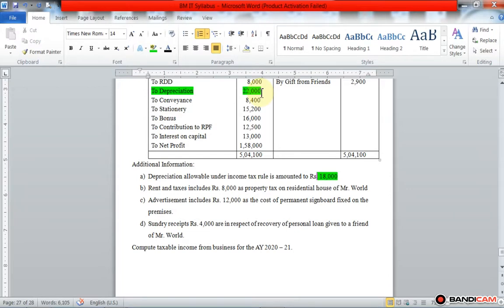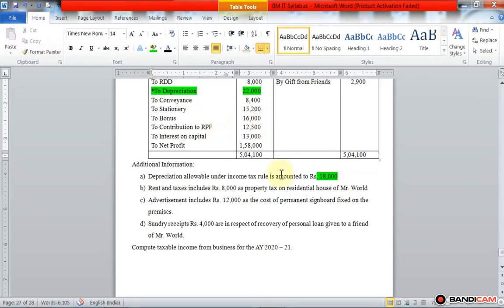So excess depreciation is charged, and excess depreciation is disallowed. How do we compute it? 22,000 minus 18,000 gives excess depreciation of 4,000. This 4,000 is disallowed expenditure, so it is added to net profit. Since an adjustment is given on depreciation, we make a star in front of depreciation.